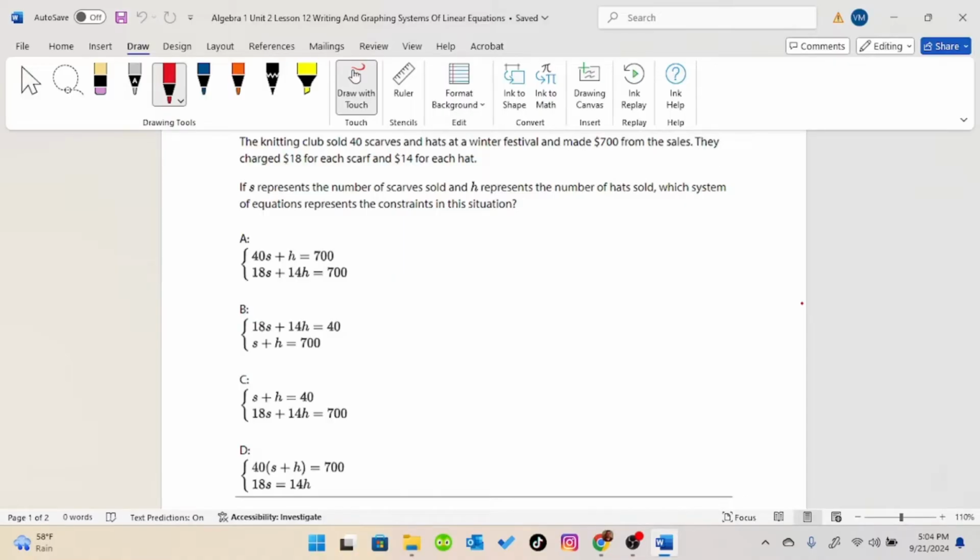So the first equation we would have, we know that there are 40 scarves and hats. So that means if we add scarves plus hats, it's going to equal 40 total.